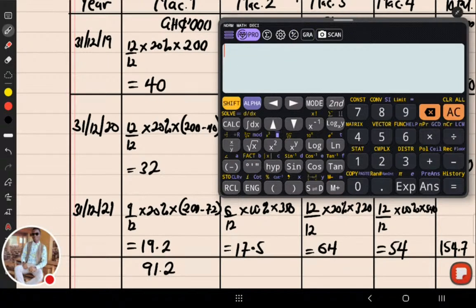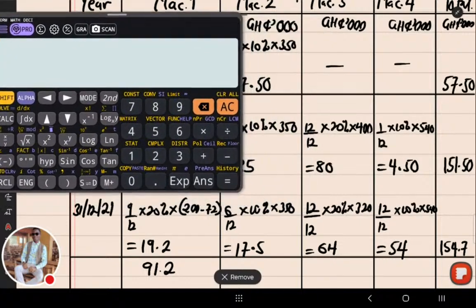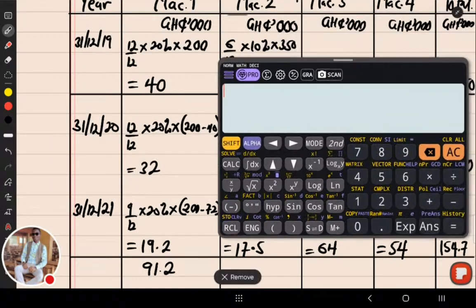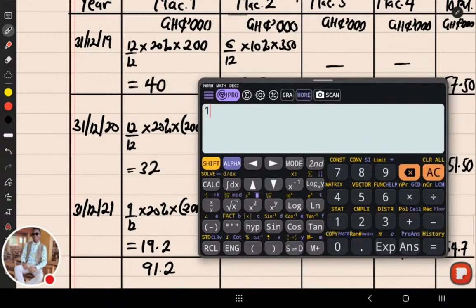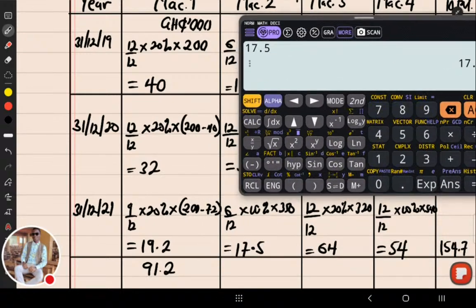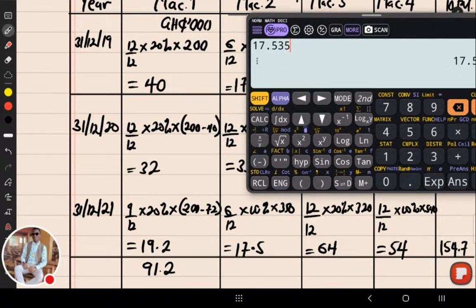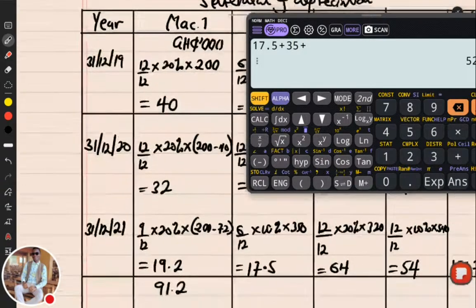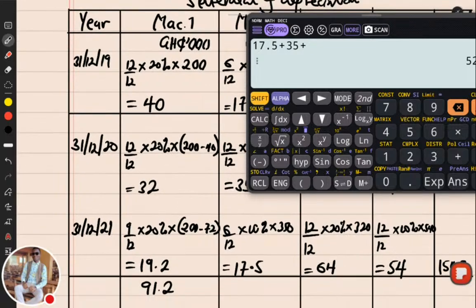Then we do the same for the others as well. So we have 17.5. Then we have 35. Then the next one is 17.5.